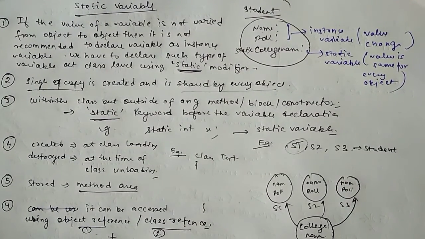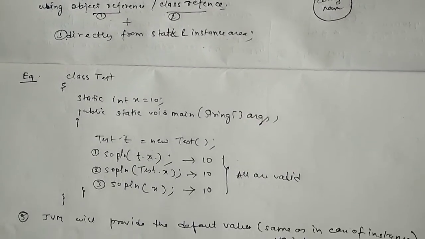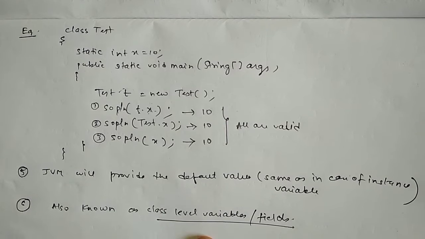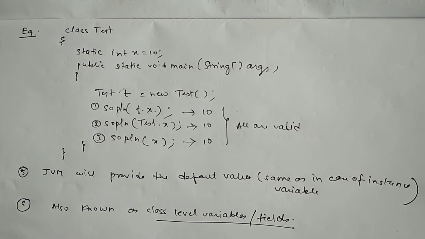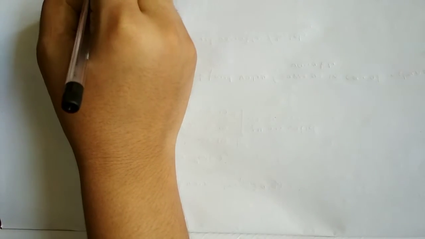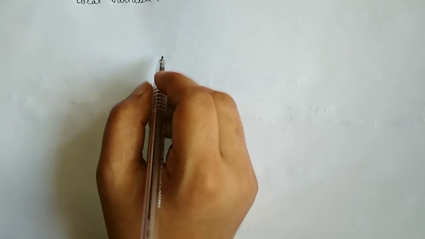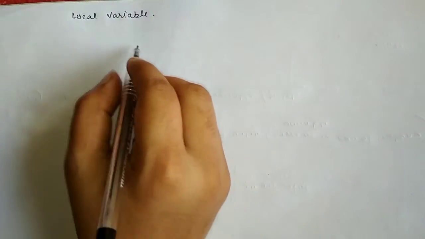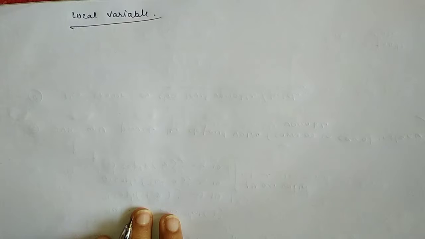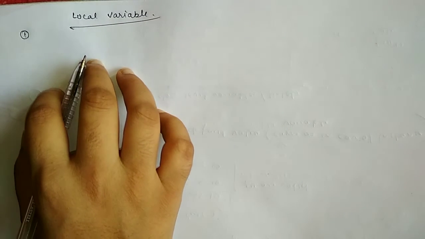Now we will look into the local variable. Why is a local variable used? A local variable is for the programmer's temporary requirement.